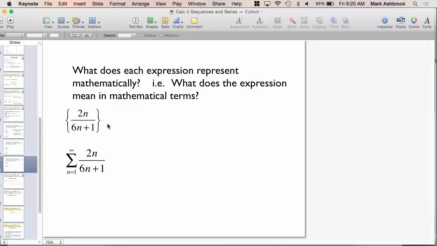Again, what are the terms in that? The terms are 2/7, 4/13, 6/19. Is that right? Okay, so that's what it means.